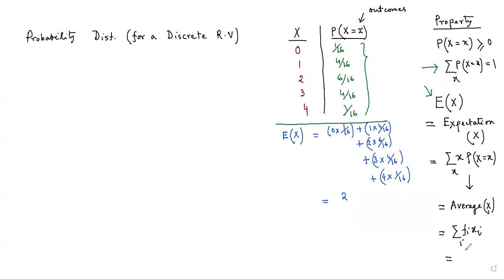Here, the difference is that instead of taking frequency, we are considering the probabilities. This was the formula for calculating average, but here the denominator term will not be there because total probability is always equal to 1. So from this formula, we can correspond the formula of expectation in the following manner.